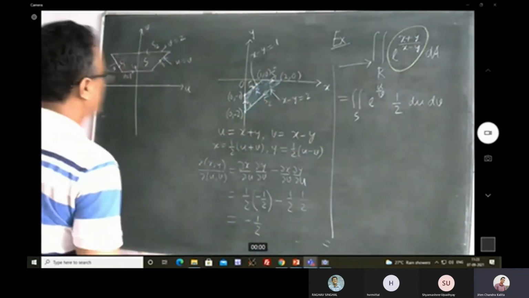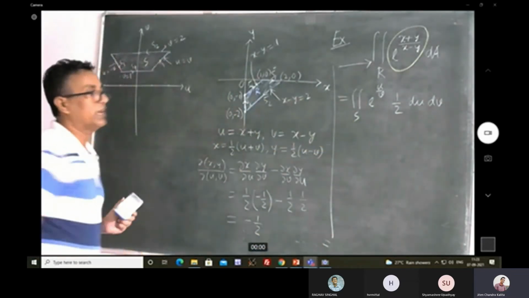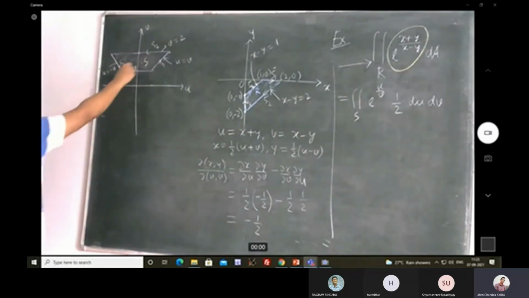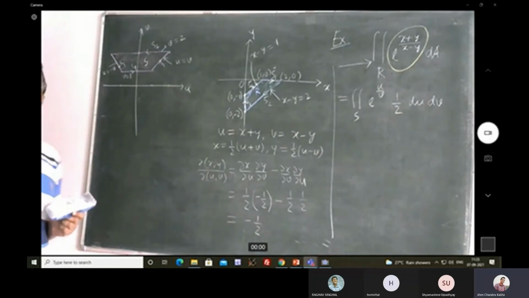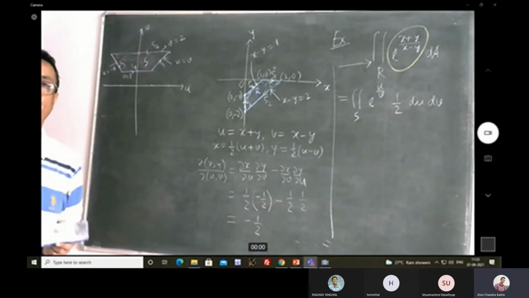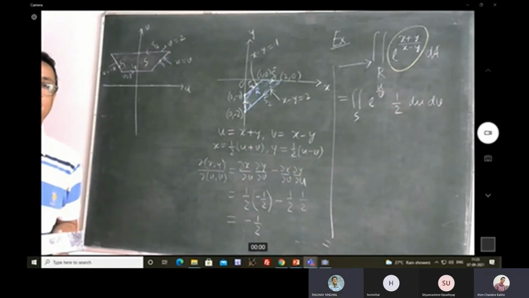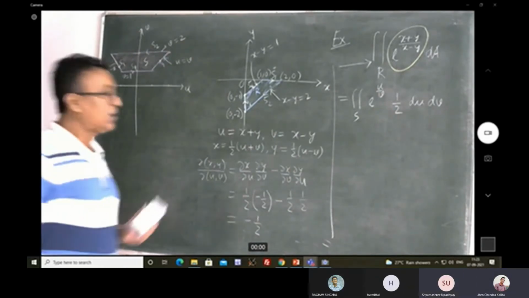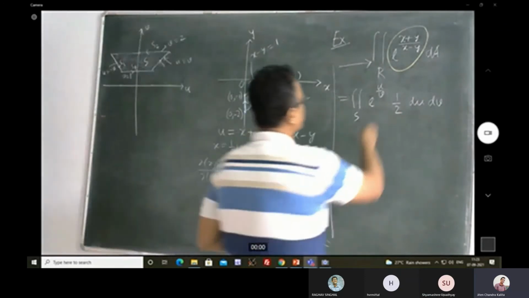Okay. So now look at S. If you look at this S, you can consider it as both a type 1 region or a type 2 region, isn't it? Yes, sir. Fine. Now you have to look at this integral.